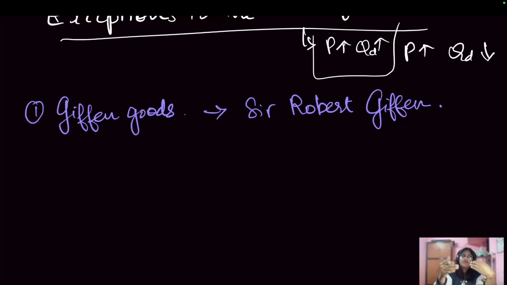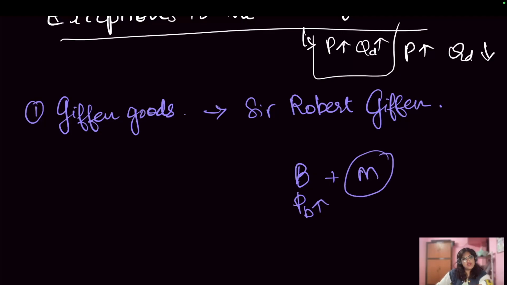Suddenly the price of bread increases. Now the amount they have for purchasing meat has reduced. So what will they do? They will purchase more bread. So the quantity demanded for bread will increase now.